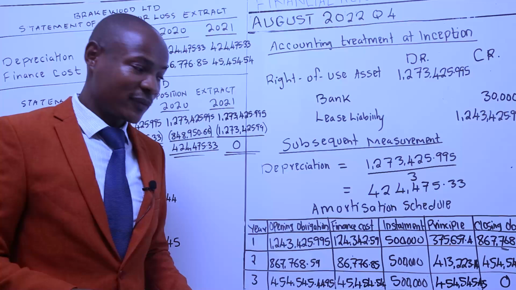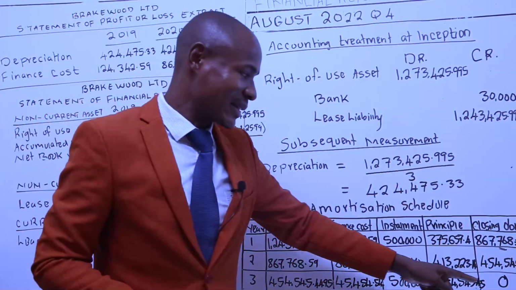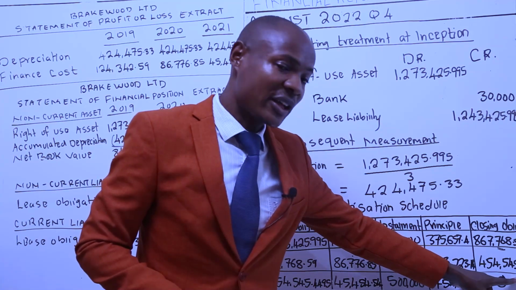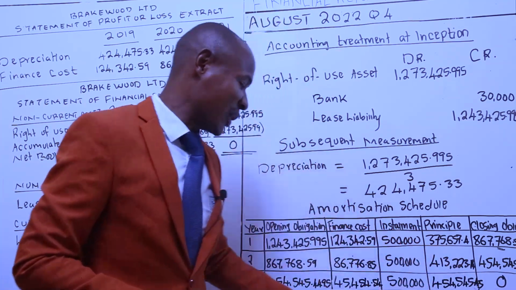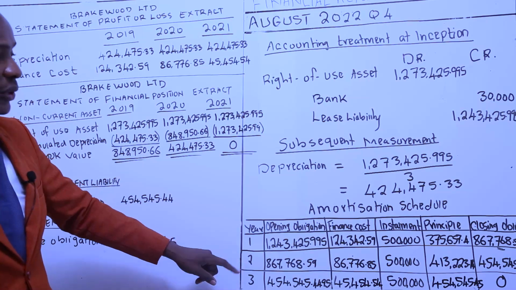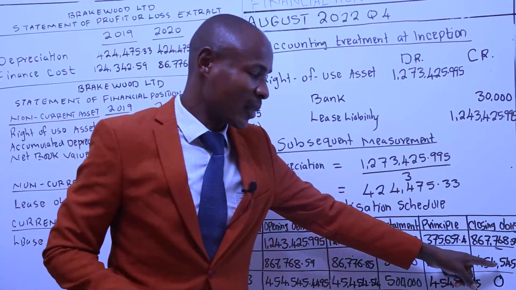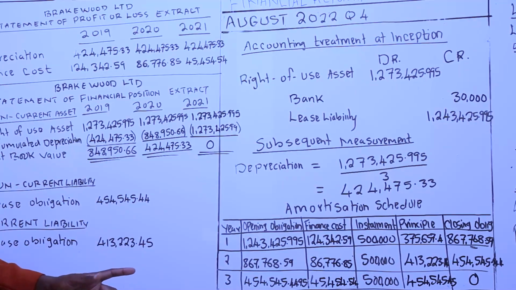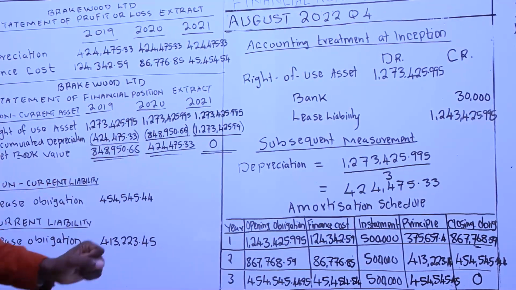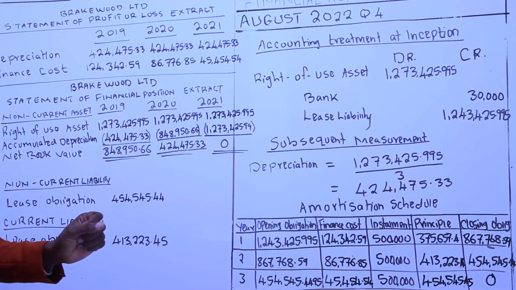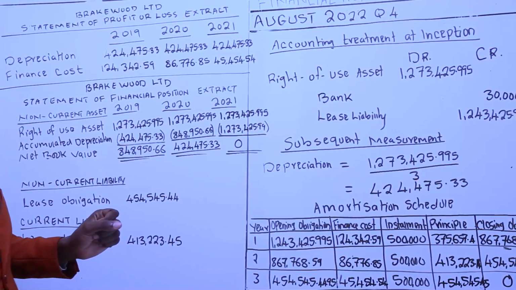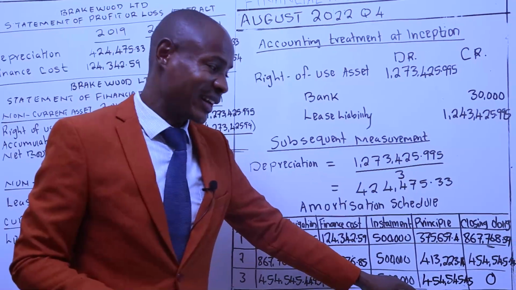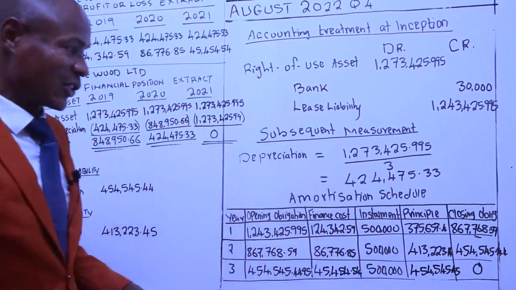The same case for 2020. The total obligation for 2020 is 454,545.44, presented by year 2 here. That total obligation is divided into the current portion and the non-current portion. The current portion is the principal, while the non-current portion is the closing obligation.